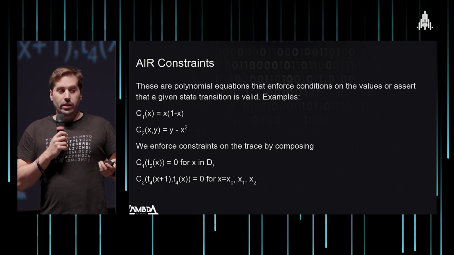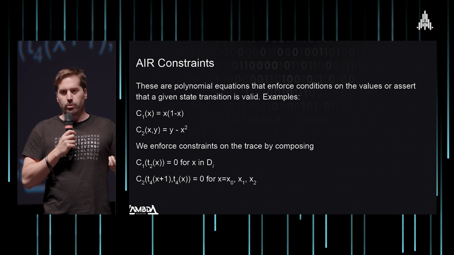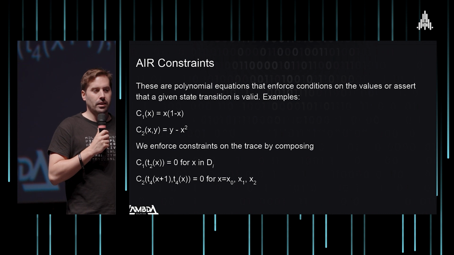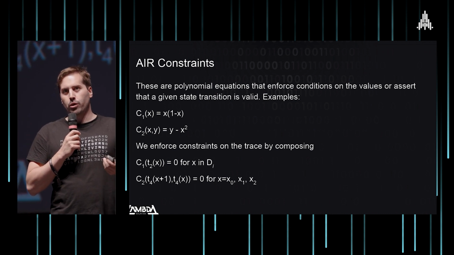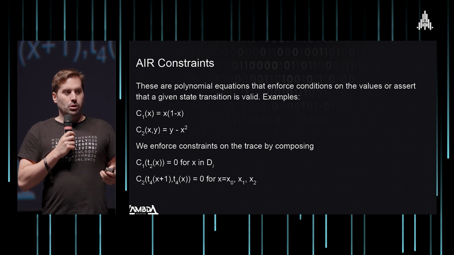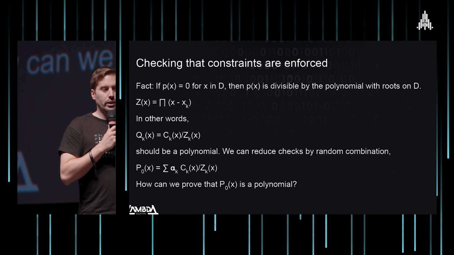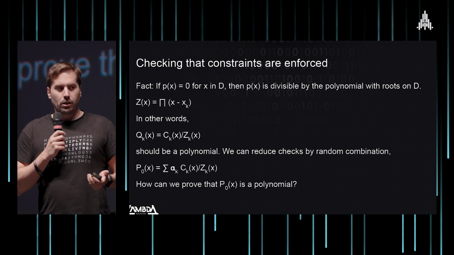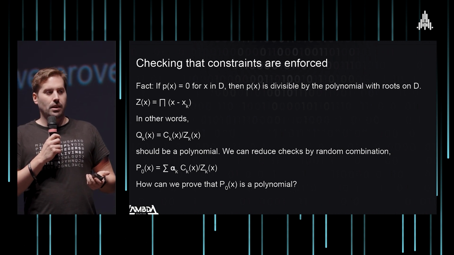How do we prove then that these polynomials are 0 over the domain? Of course, we cannot pass all the values because that wouldn't make our argument scalable. That is to say, the proof wouldn't be short. So what we do is, instead, we show the divisibility of those polynomials by a vanishing polynomial over the set.